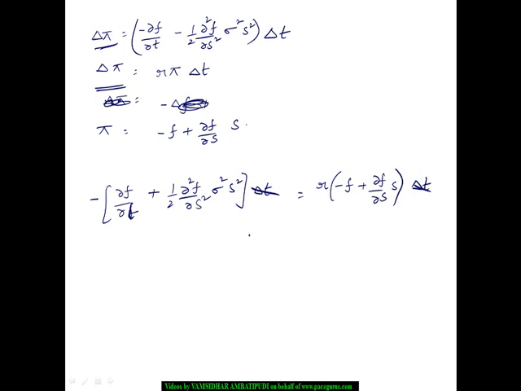So if I take rf to the other side, I get rf is equal to ∂f/∂s rs plus ∂f/∂t plus half ∂²f/∂s² σ²s².